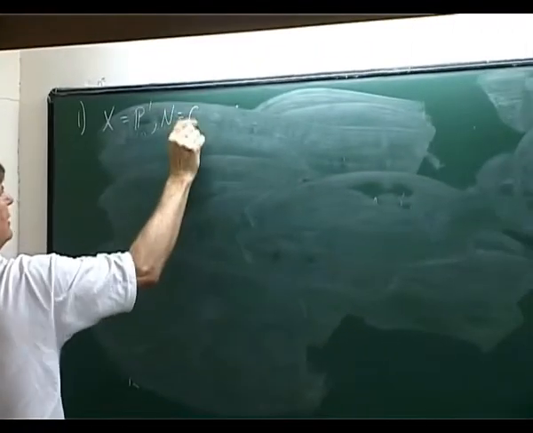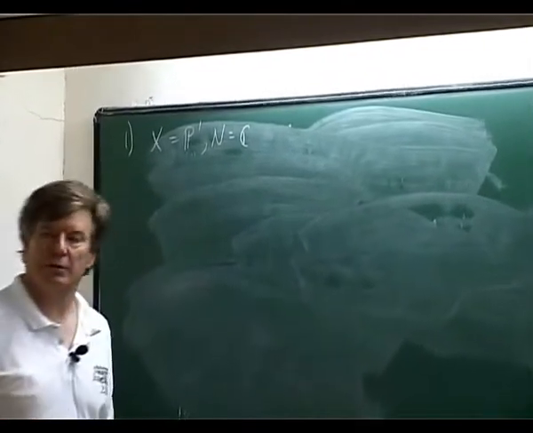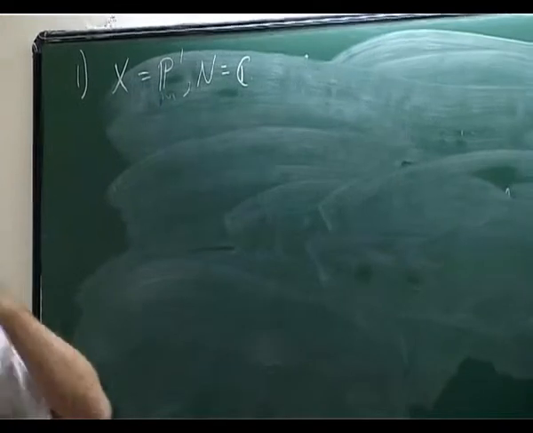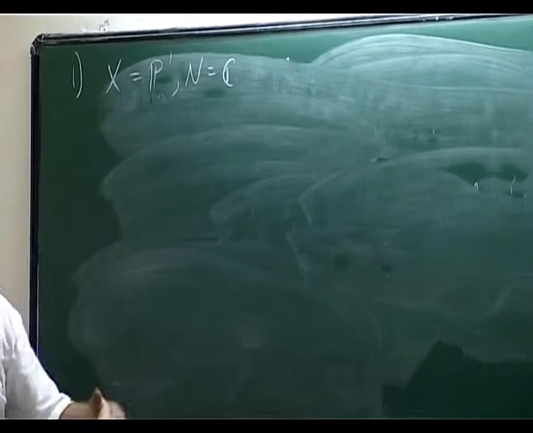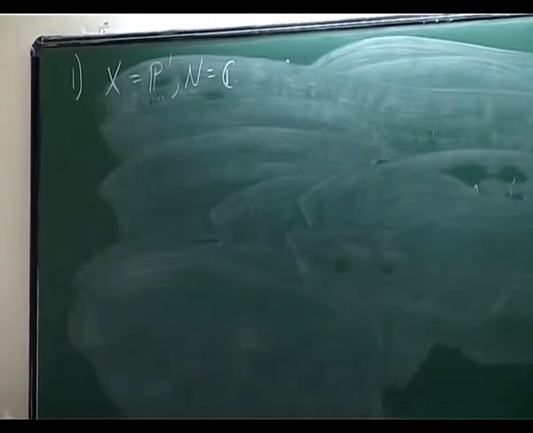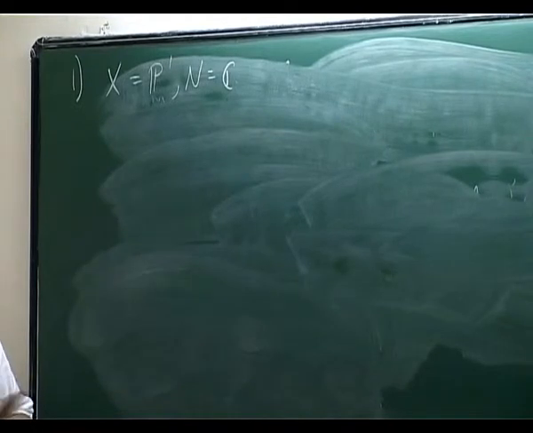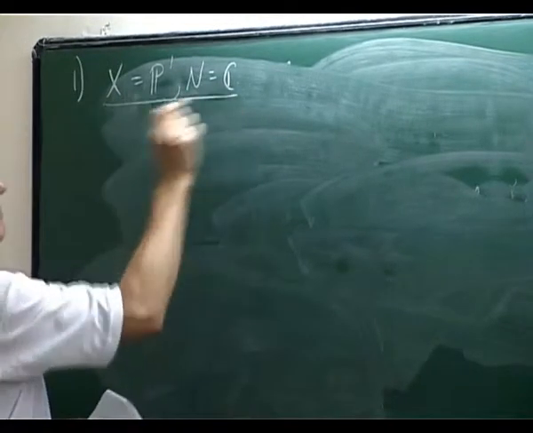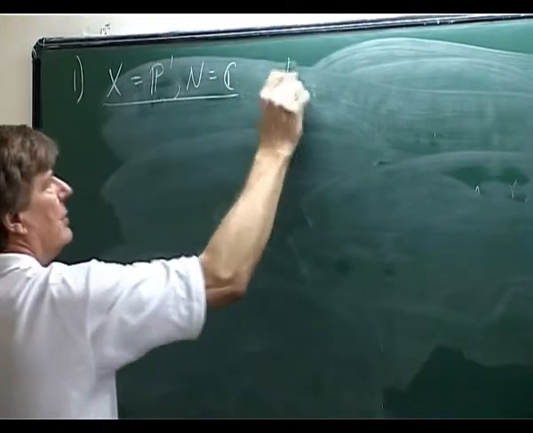I'm going to take X equals P1 and N equals C. So here, P1, of course, is C union a point at infinity. C acts additively on C and fixes the point at infinity.